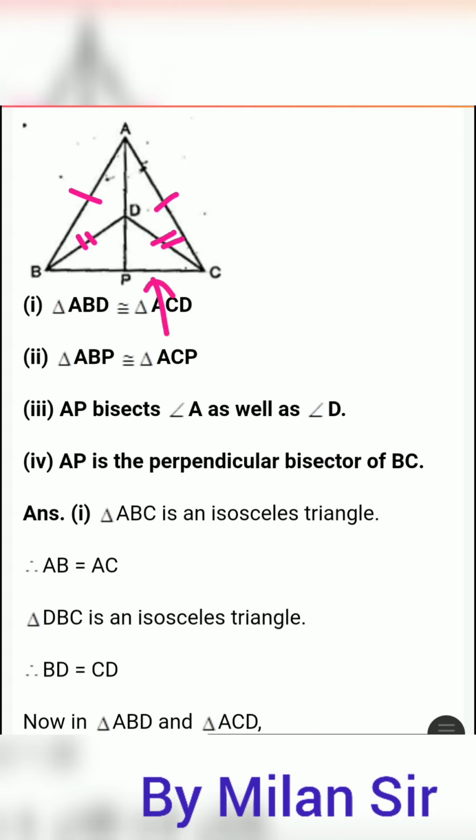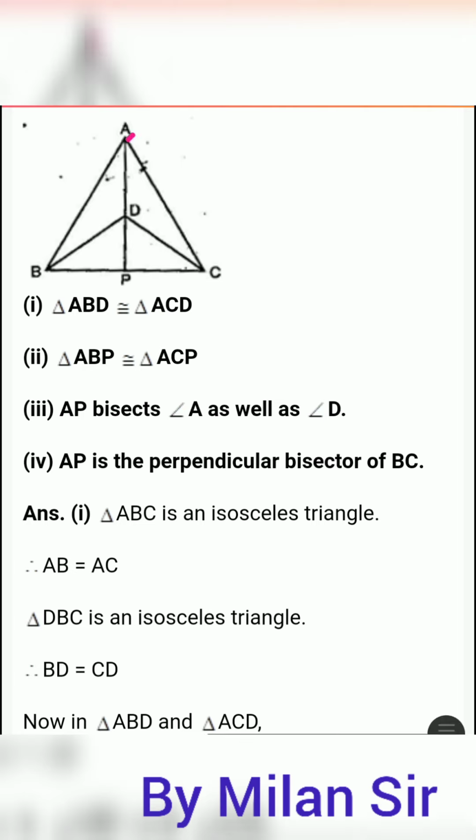Triangle DBC is also an isosceles triangle, so BD is equal to CD, and AD is a common side in both triangles. So both triangles are congruent by the side criteria. Triangle ABD is congruent to triangle ACD.